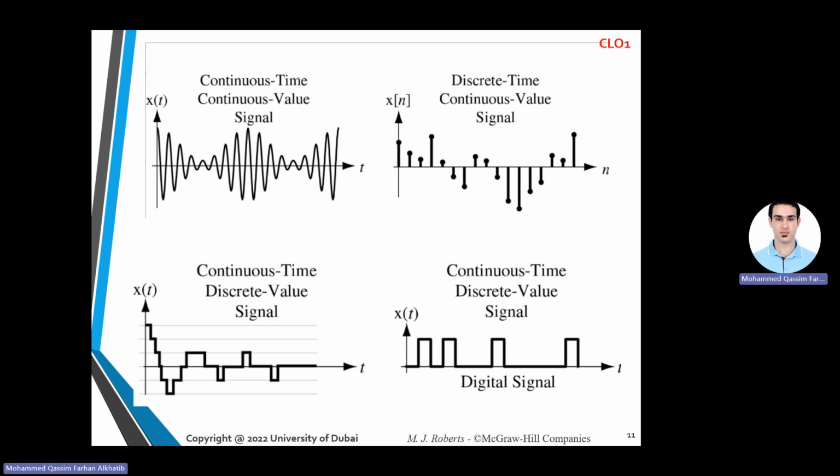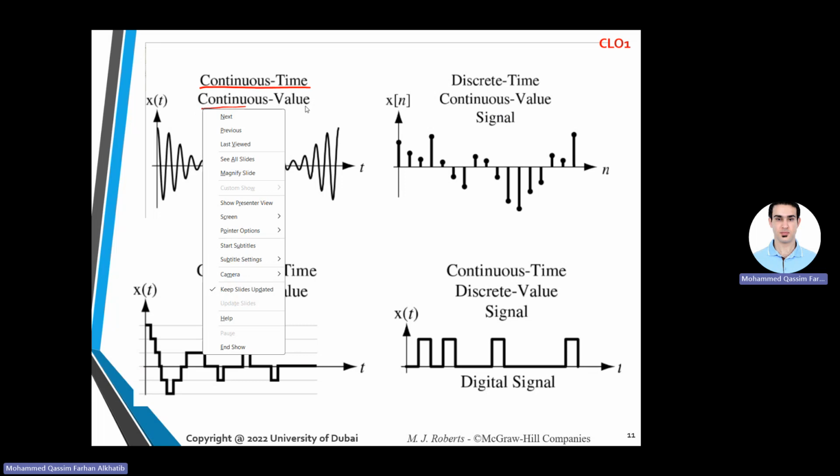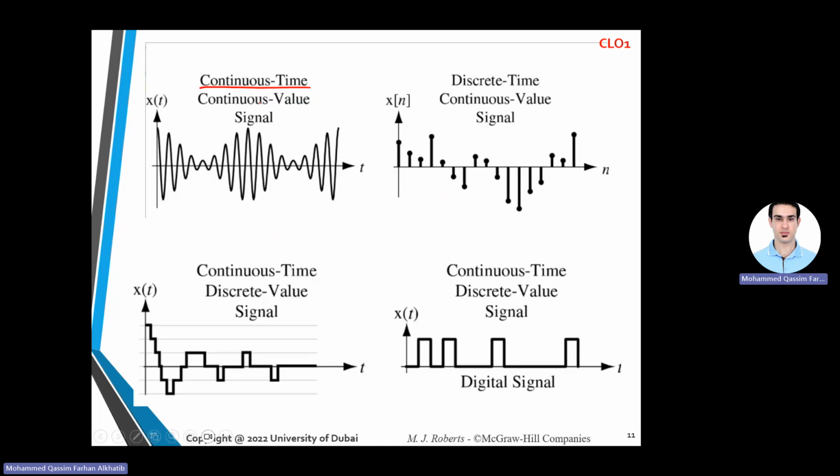In this one, the independent variable is time, so it's continuous time, and the dependent value is continuous. So you have this combination, a continuous-time, continuous-value signal, like a noisy signal or this sinusoidal.